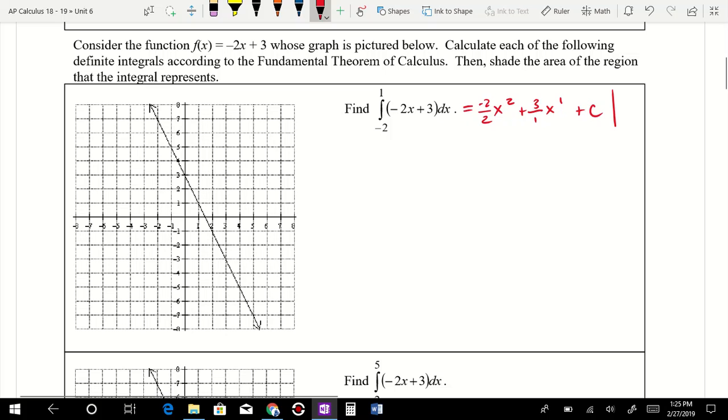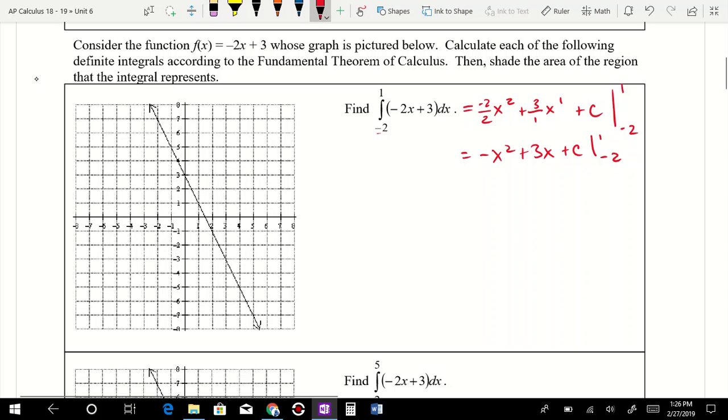Since we're looking at definite integrals, we want to make sure that we keep in mind what the interval is that we're trying to find. Then we can simplify. We have negative x squared plus 3x on the interval from negative 2 to 1.